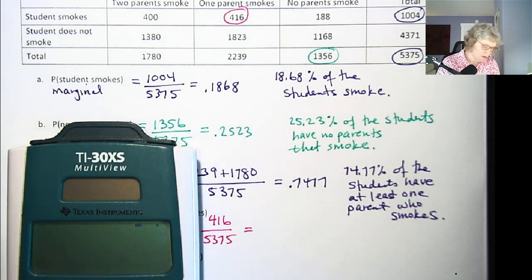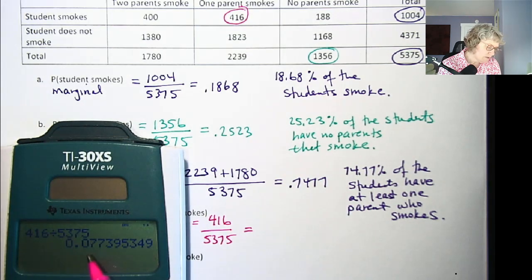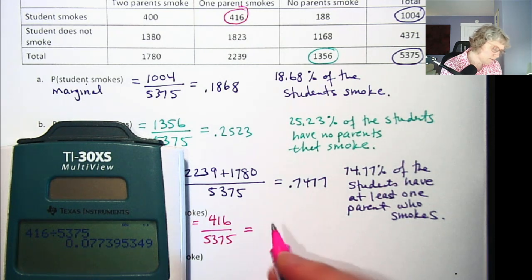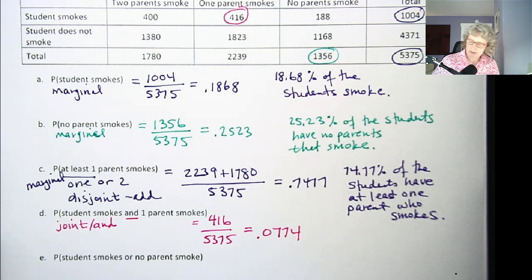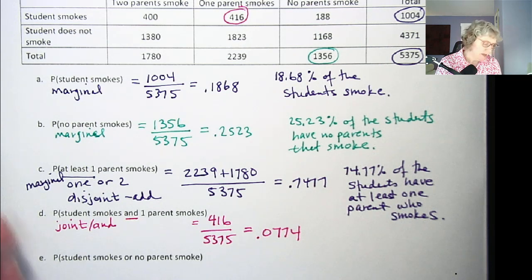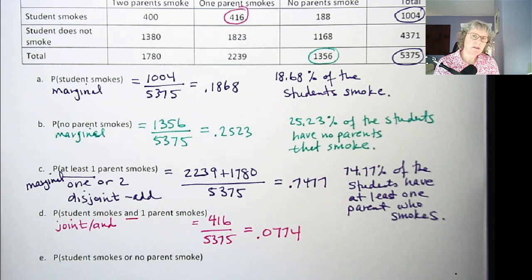Let's see what that is. 416 out of 5,375 is 0.0774. Smaller, because when we do an and, when we add conditions or add multiple categories, it gives us a smaller number, right? Smaller number of people in the intersection.